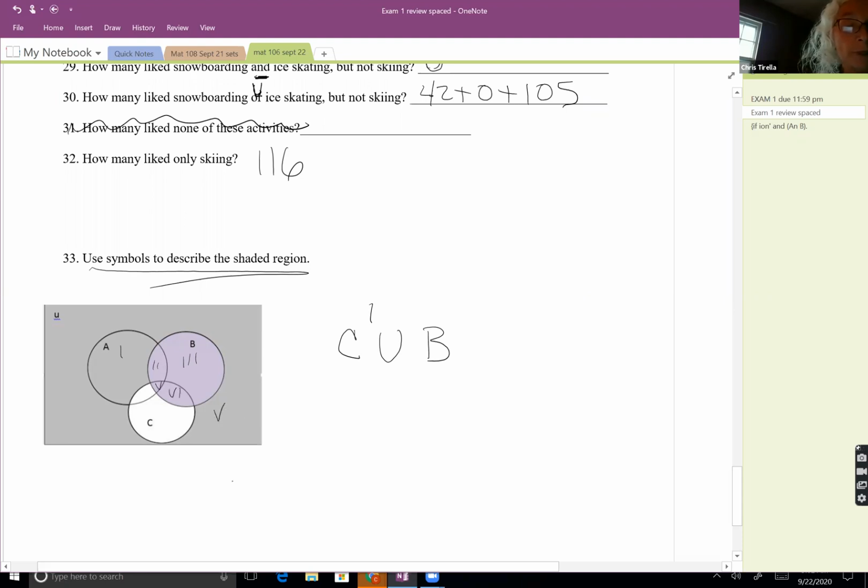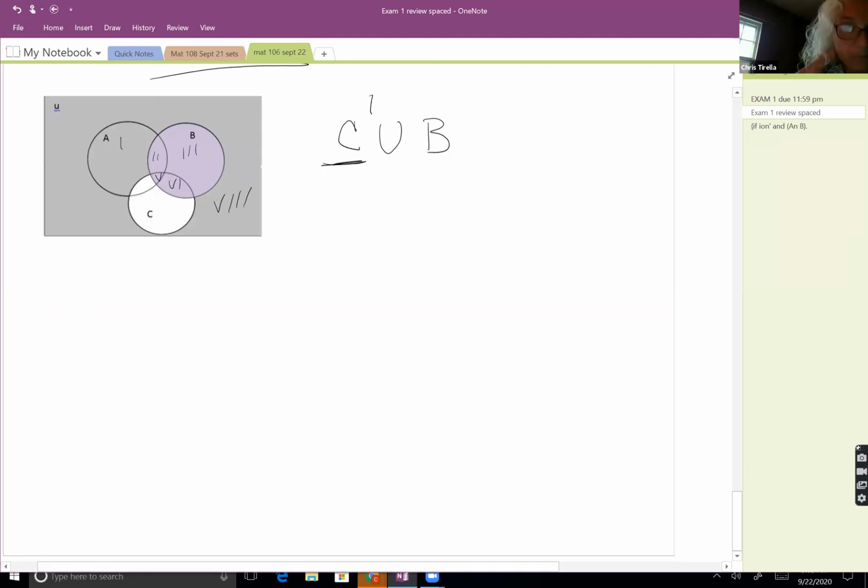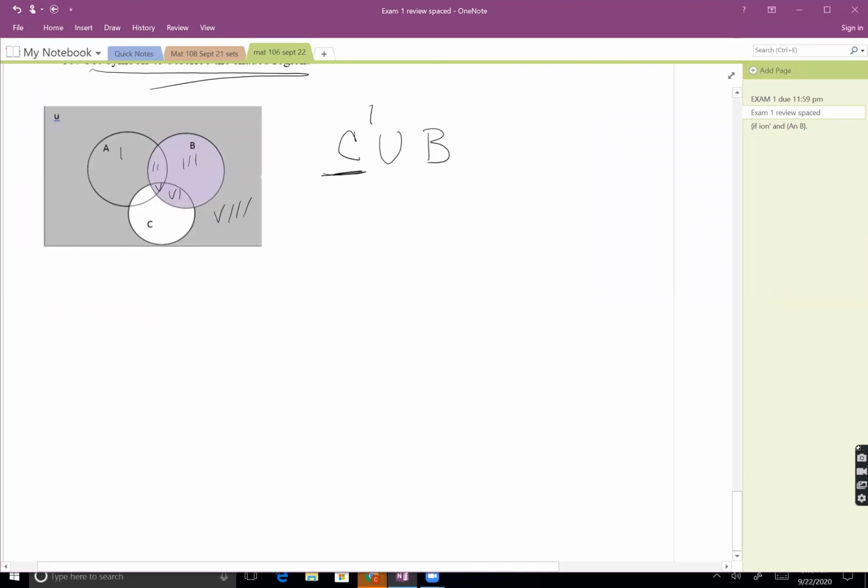There's a lot of regions that are shaded. But does it make sense? Because most of C is white. We're looking at C complement, and then the part that we're putting back in is what's inside of B. Is that it, or is there more? That's it.